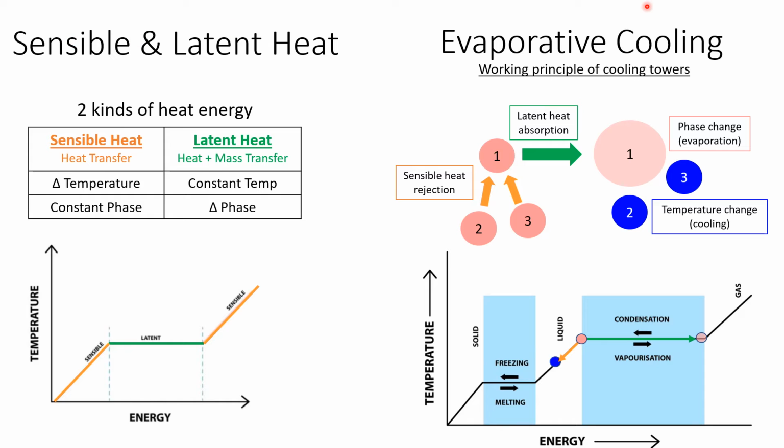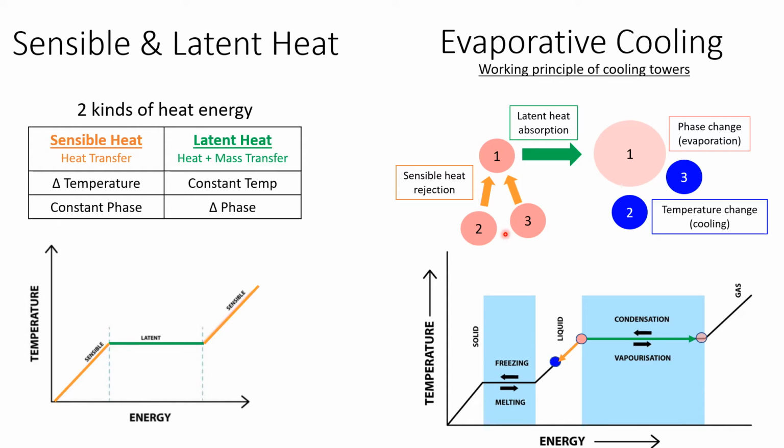All cooling towers operate under the principle of evaporative cooling, which I will illustrate below. Particles 1, 2, and 3 represent hot water. If particle 1 is to evaporate, it needs to absorb sensible heat from the surrounding water particles to gain enough energy for latent heat transfer.